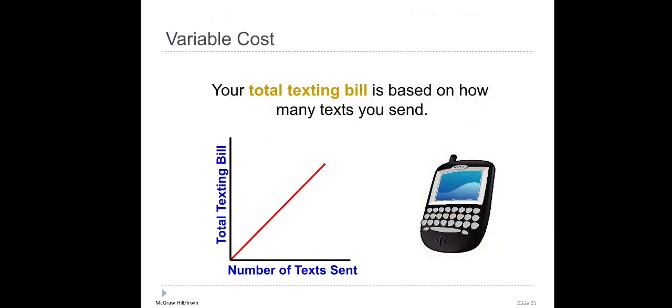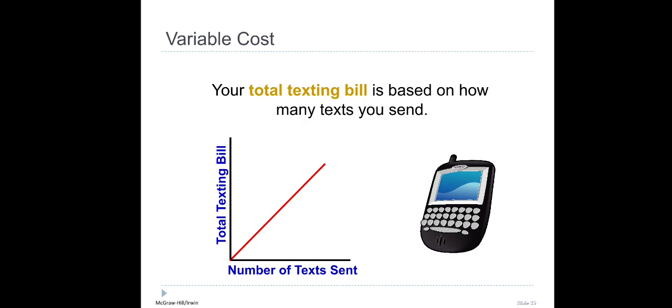Another category of cost is called variable cost. Variable cost is a cost that will increase when the quantity of production is increased. The typical example for variable cost is direct material costs and direct labor costs. For direct material, the more product you produce, the more you have to pay.